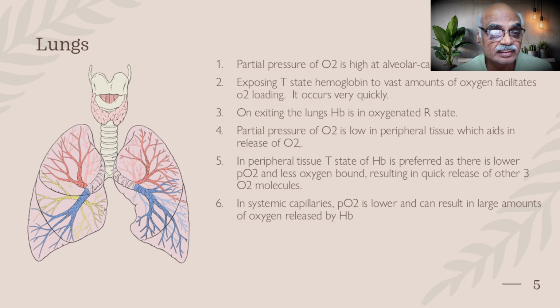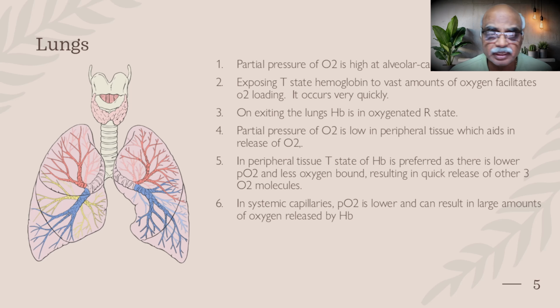The T state of the hemoglobin, T meaning tense, is preferred where the oxygen saturation is low, wherein the hemoglobin in the tense state will release the oxygen quickly.